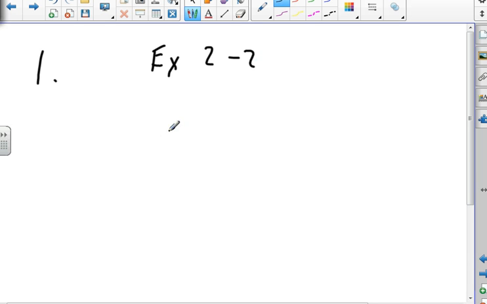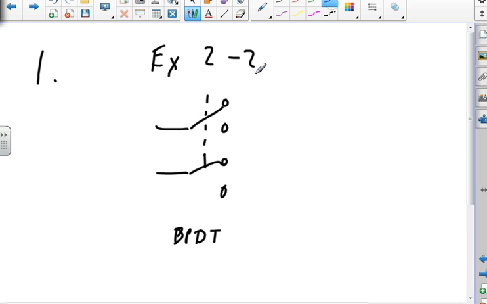I want a double pole, double throw switch. That's the switch I want to use. Now I want to hook it up to the circuit that I have.